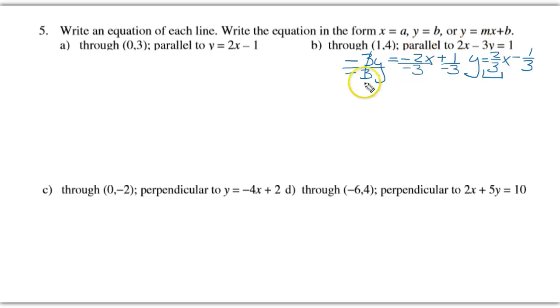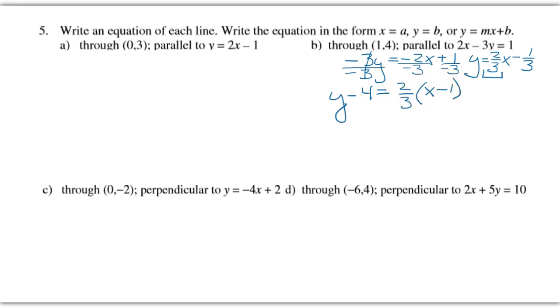So as I write my new equation, y minus 4 equals my new slope of 2/3 times x minus 1. That's what I'm looking for.